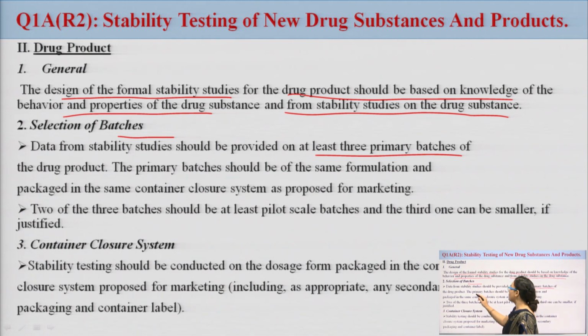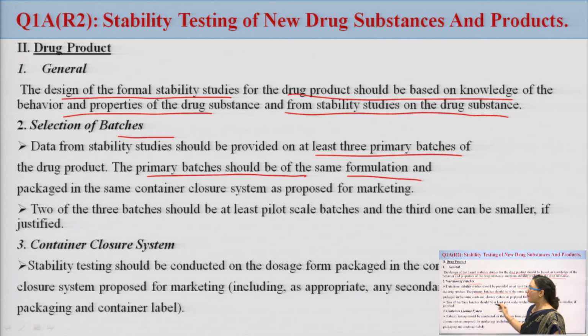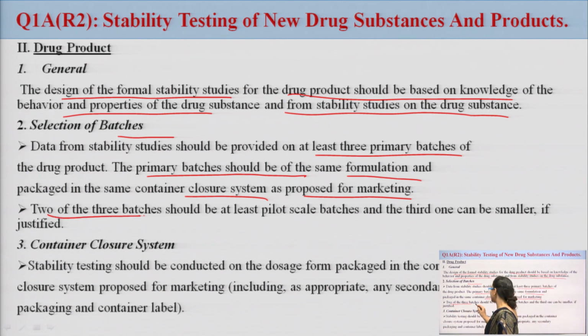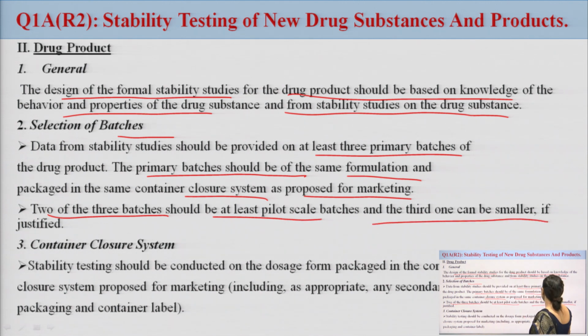The primary batches should be of the same formulation and packaged in the same container closure system as proposed for marketing and sale. 2 of 3 batches should be at least pilot scale batches and the third one can be smaller if justified.